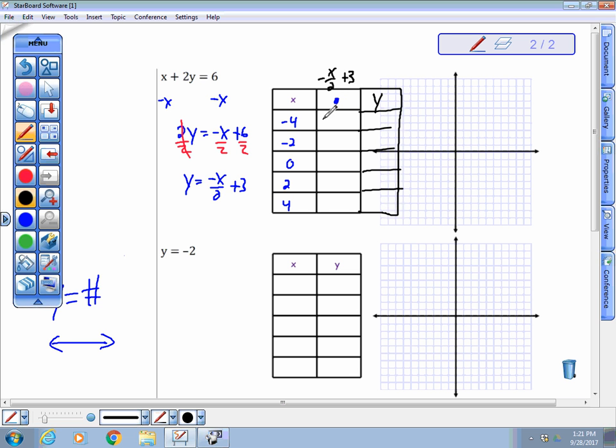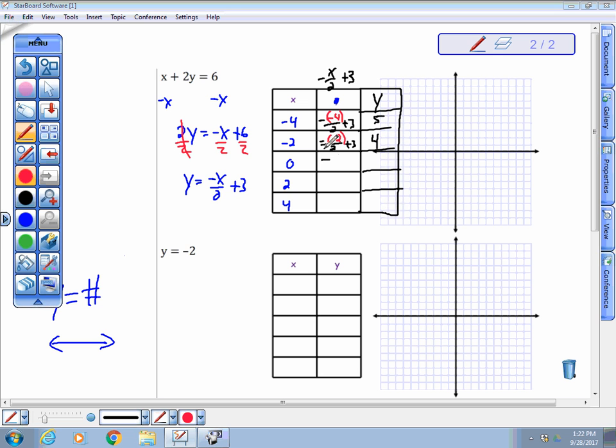So anyways, we will have a minus negative 4 over 2 plus 3, which is 5. We'll have a minus negative 2 over 2 plus 3, which is 4.